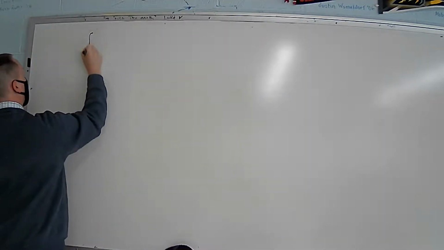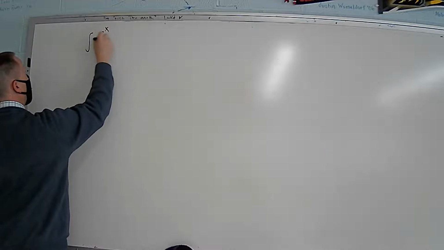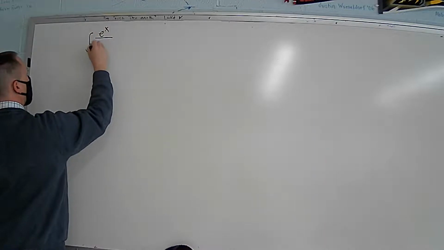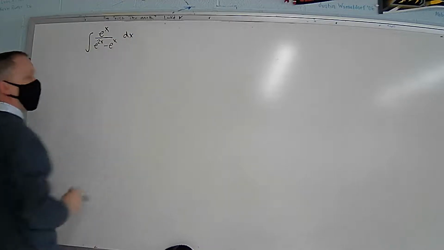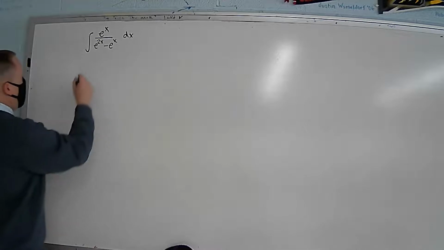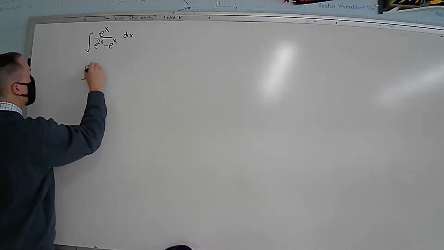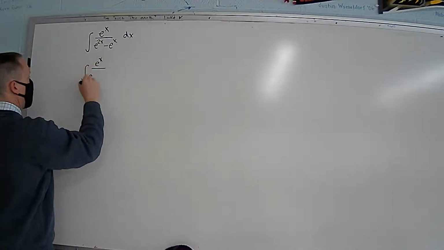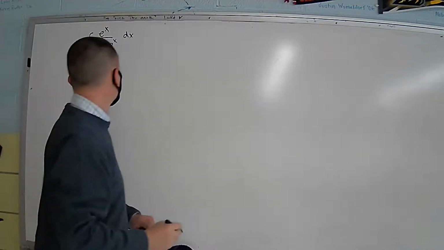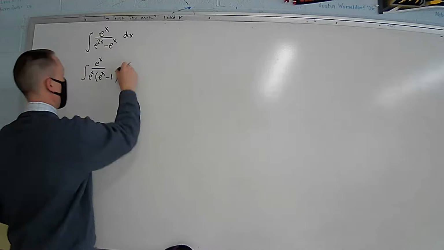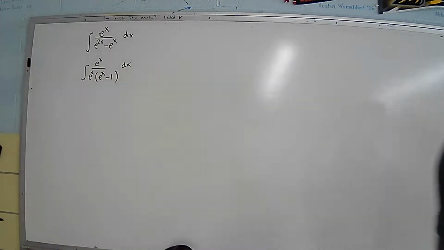So Nicole said, e to the x over e to the 2x minus e to the x, right? Well, in the denominator, I'm going to factor out e to the x.